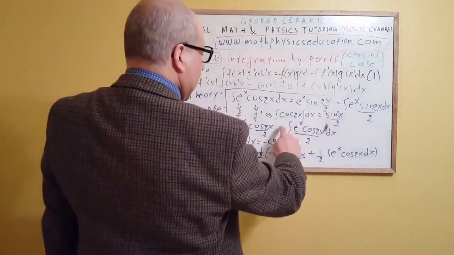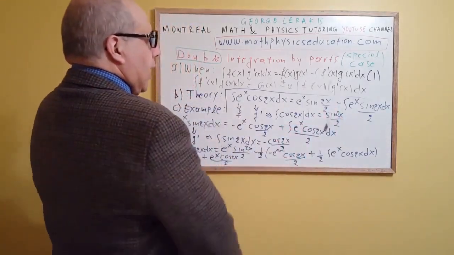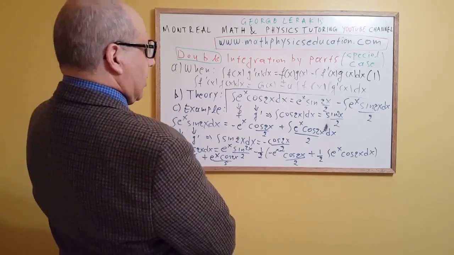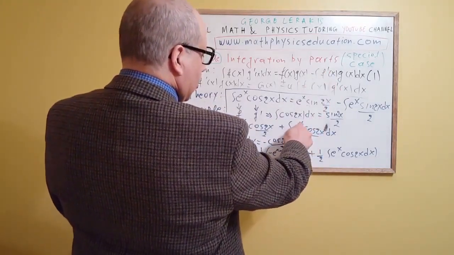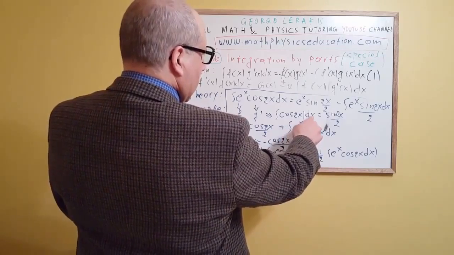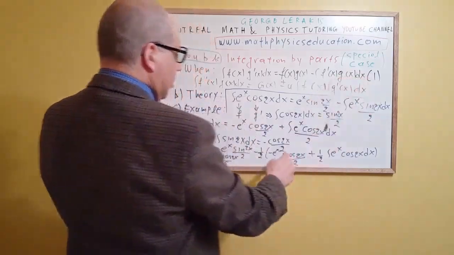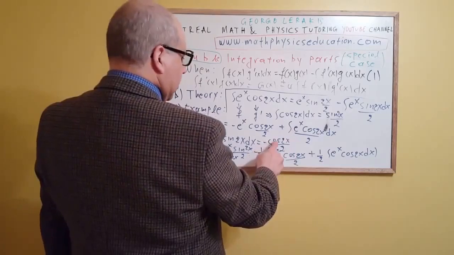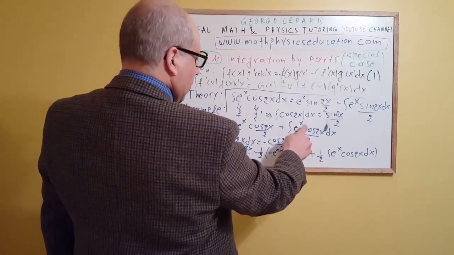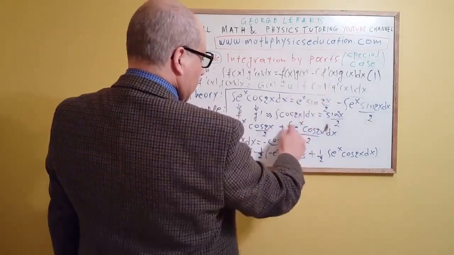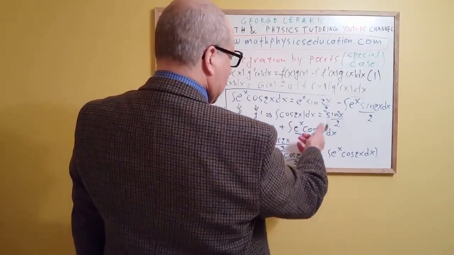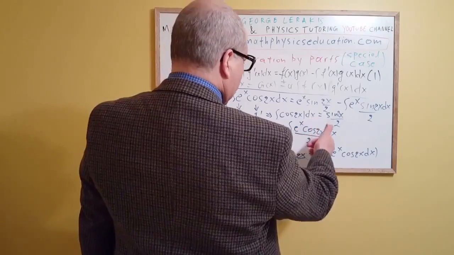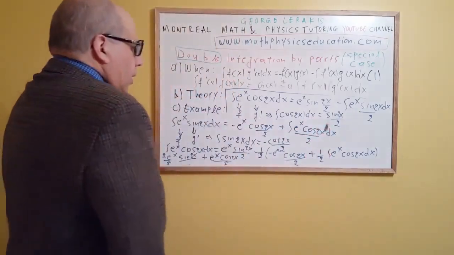And then it should be minus the f prime of x, which is the derivative of e to the x, which is e to the x, times g of x, which we said is minus cos 2x over 2. So the minus with the minus from here will become plus, and of course it will become e to the x cos 2x over 2.